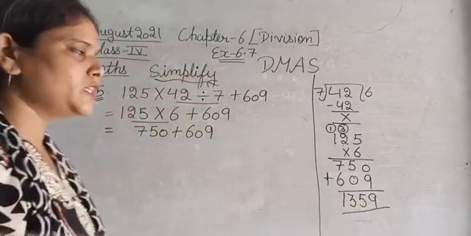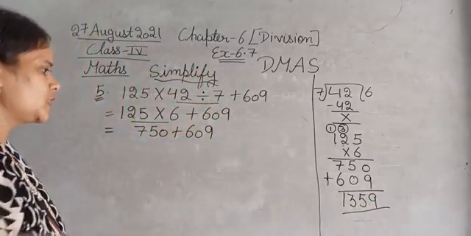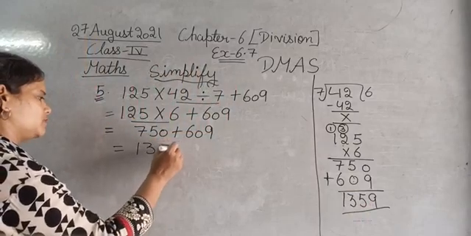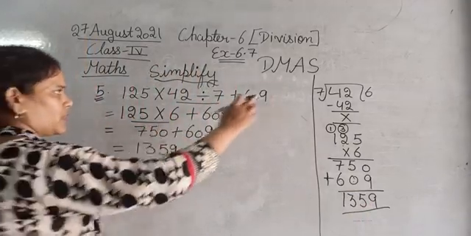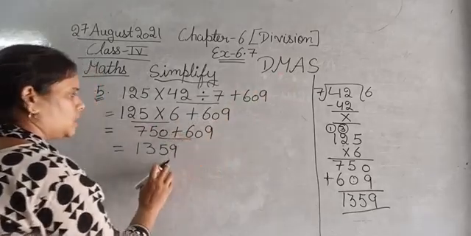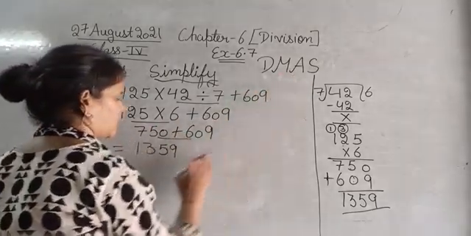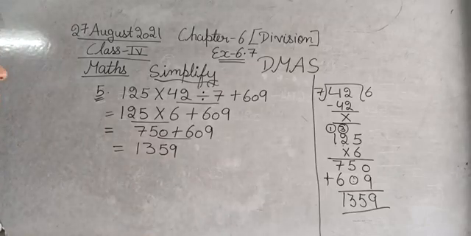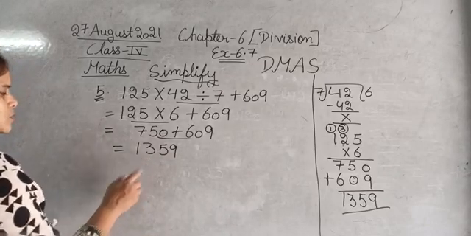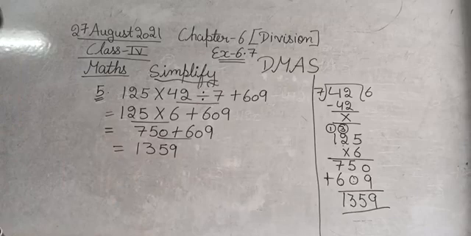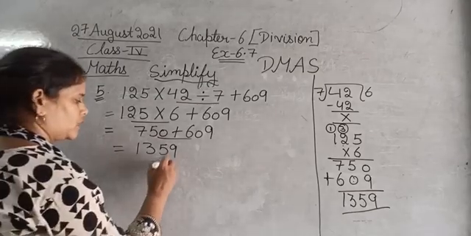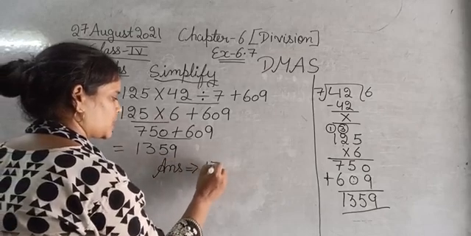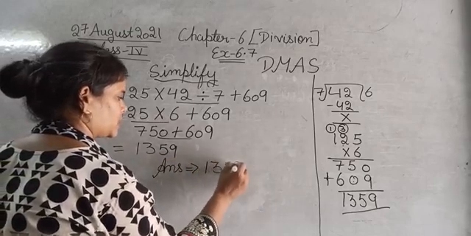So after adding these two, we got 1359. After multiplication we were having addition, so that we have done here. Next is subtraction, but the sum is already solved, so no need to do the subtraction. So this is the answer, that is 1359. So that we will write here. Answer is equal to 1359.